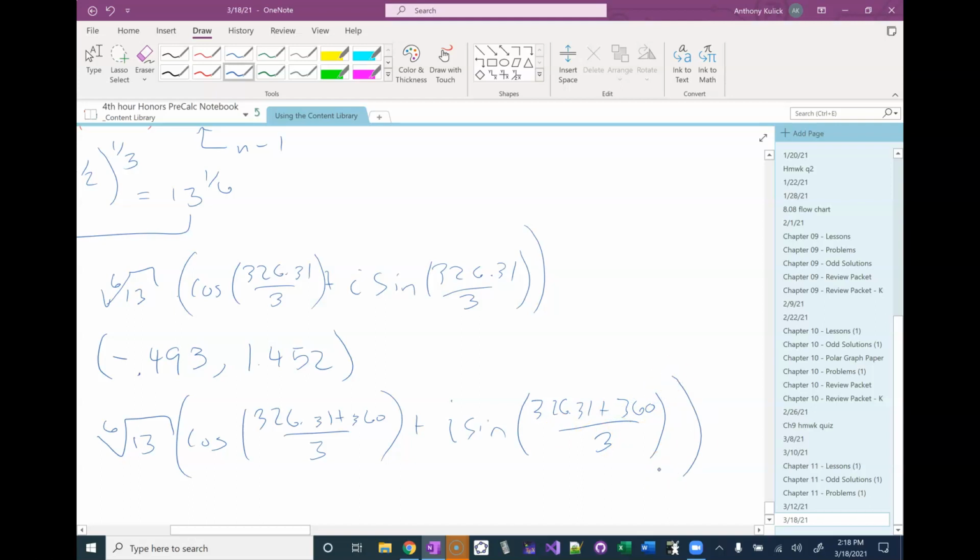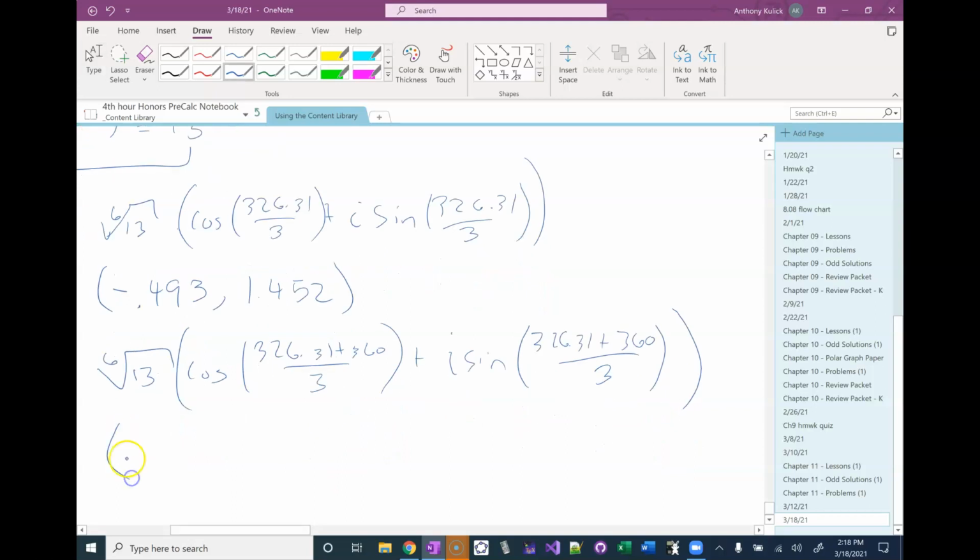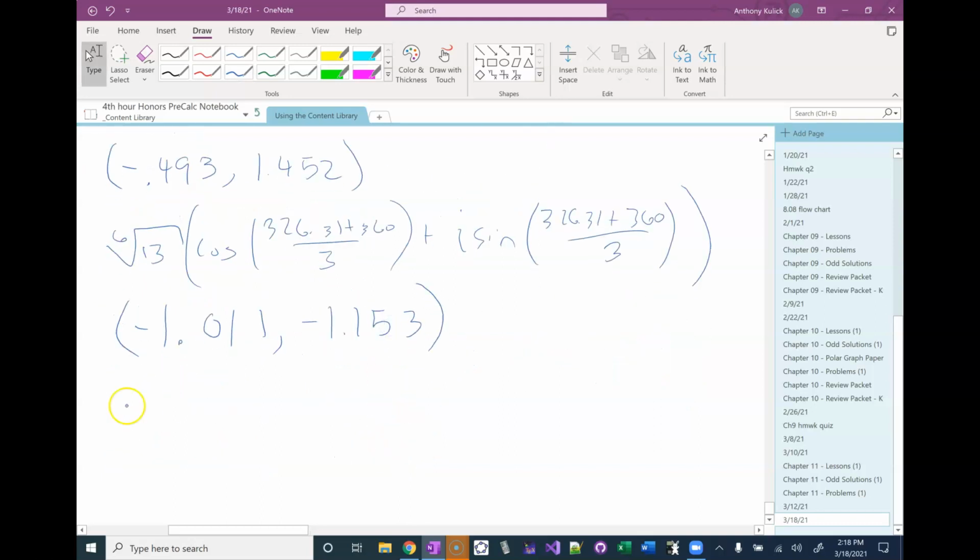Are you okay there? So that's 686.31. When I type that one in, I get negative 1.011. And I do the same thing for sine, and I get negative 1.153. Everybody okay there?